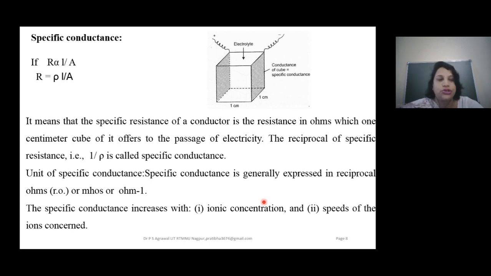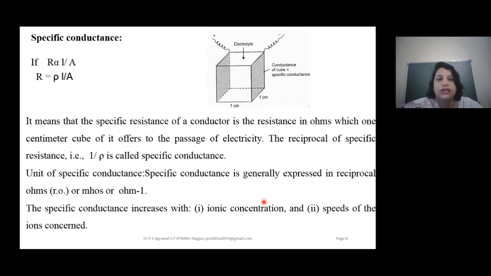So R is proportional to L by A. If we remove the proportionality sign, we introduce the term rho. Rho is the specific resistance of a conductor. So if rho is the specific resistance, then surely 1 by rho will be specific conductance.